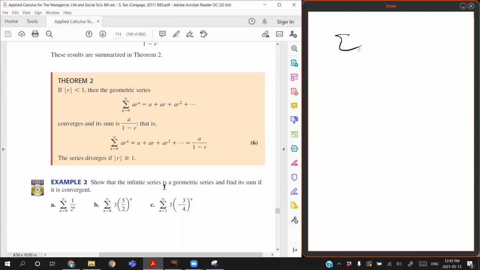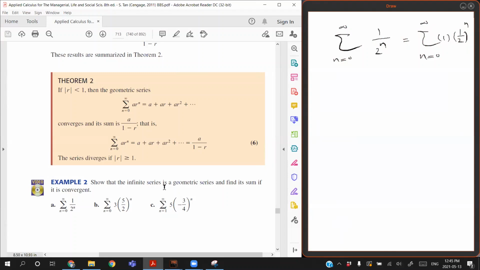We have sigma 1 over 2 to the power of n, n from 0 to infinity. So you can see that I can write this as sigma n from 0 to infinity of 1 times 1 over 2 to the power of n.